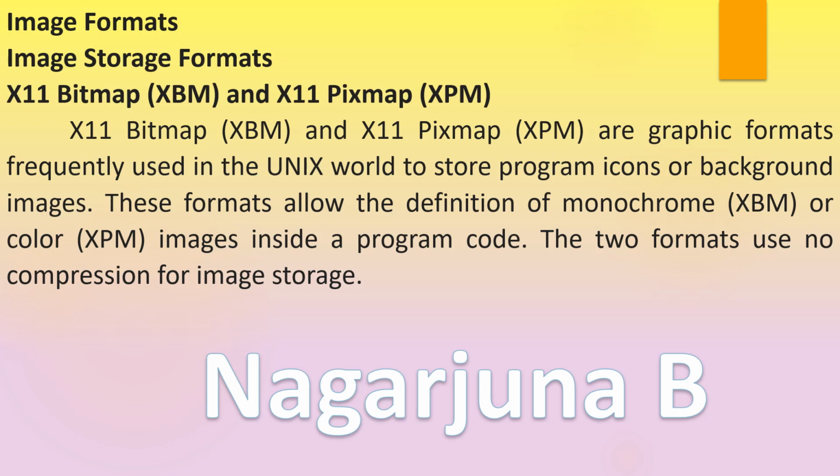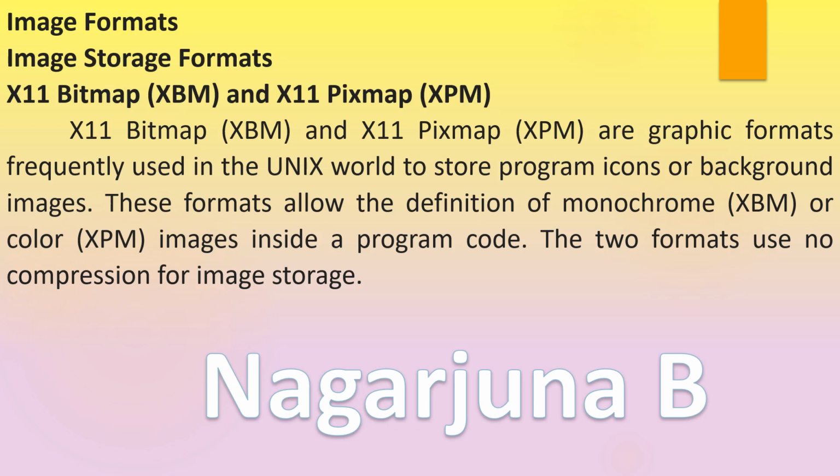These formats allow the definition of monochrome and color images. The monochrome image format is XBM, that is X11 Bitmap, whereas the color image format is XPM, that is X11 Pixmap.